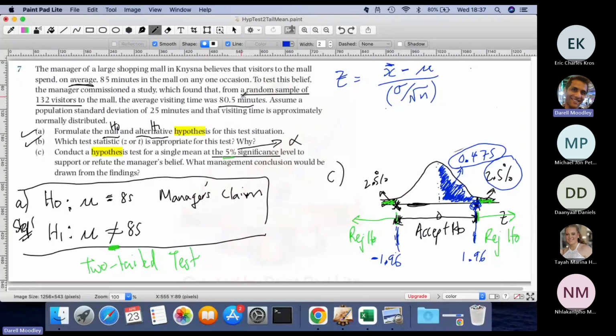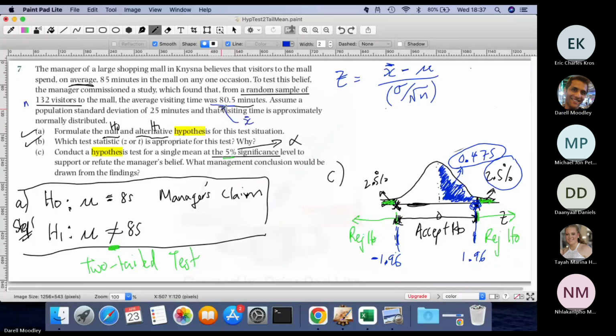The values to feed into this equation are given to us in the text. For instance, it says a random sample of 132 visitors. So that's your n, 132. And out of this 132, you found the average of that sample to be 80.5. So this is your X bar.